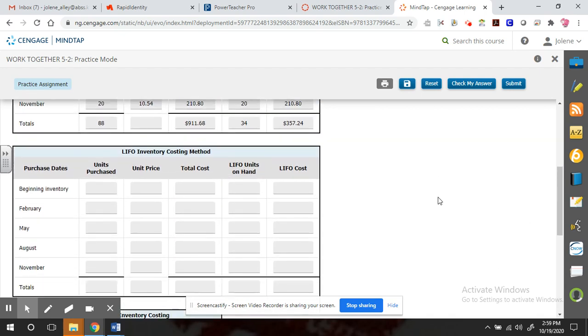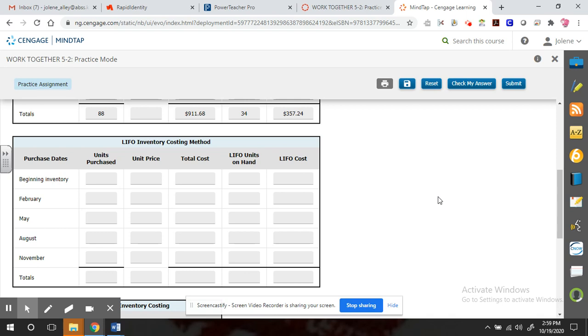So we go down here to LIFO. And LIFO is on page, I'll show you, page 152.